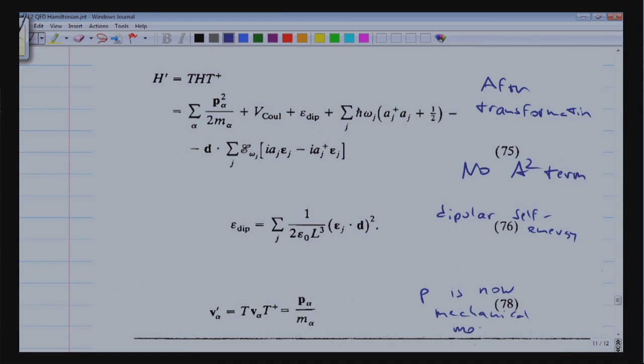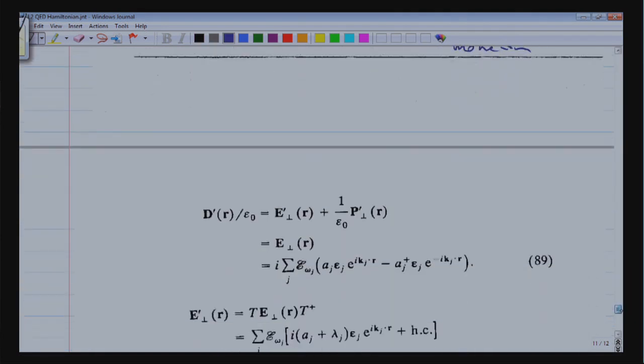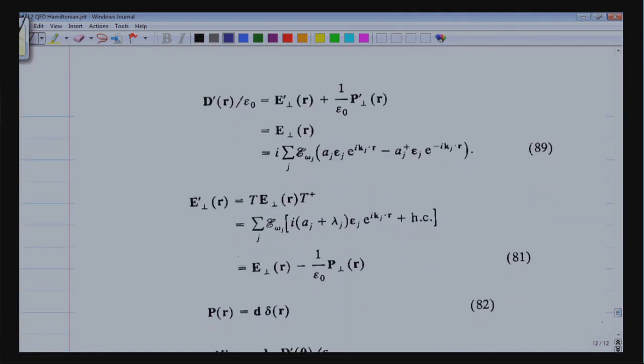And therefore P square is the kinetic energy. Anyway, I think this is important that we have this much more rigorous derivation of the dipole approximation.